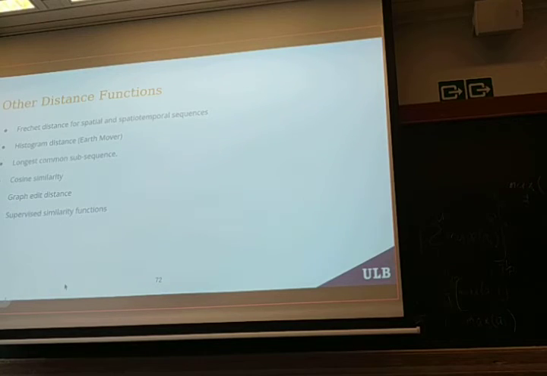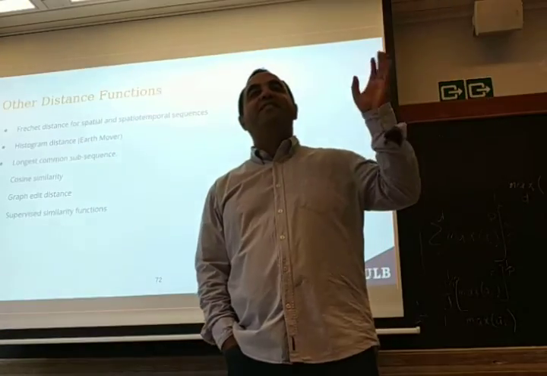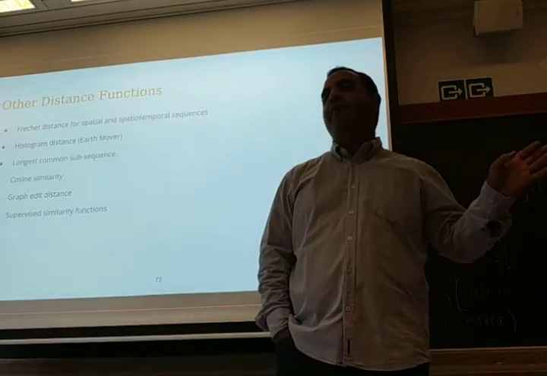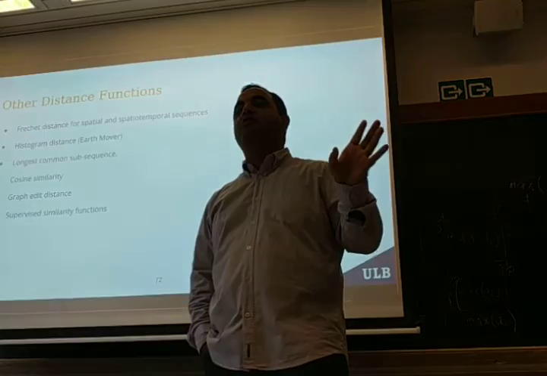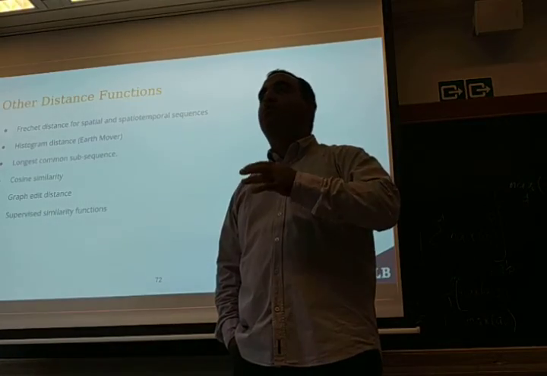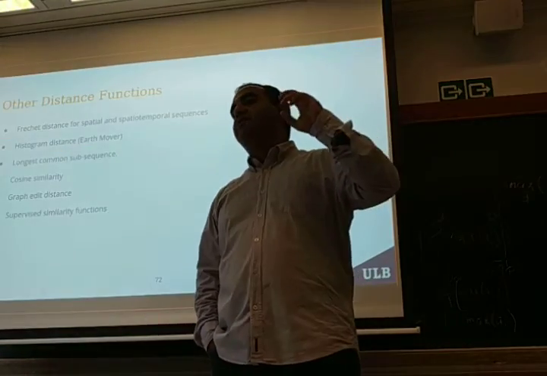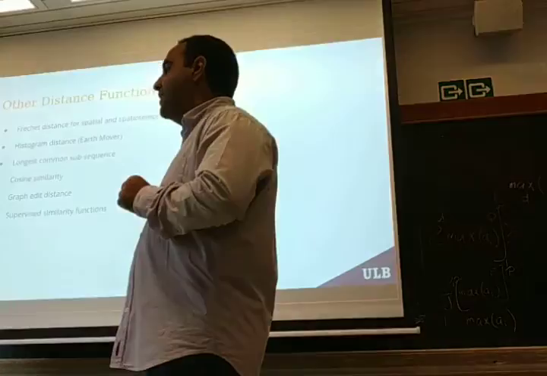Good. Edit distance is a loved kind of distance. You will find it in many applications. There are many variants of it. There are variants that add temporal aspects, like time warp edit distance, to include a time dimension in your data.